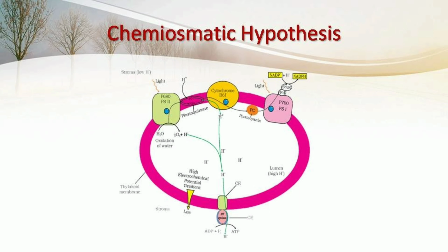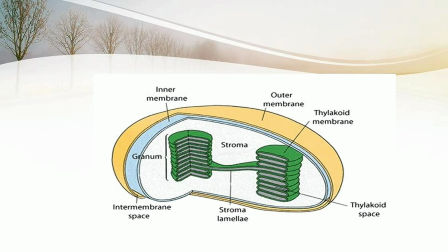So how they come out is through proteins. There are two types of proteins. One is F0, which is embedded in the membrane, and the other one is F1, which is extrinsic and protrudes out of the membrane, that is into the stroma.